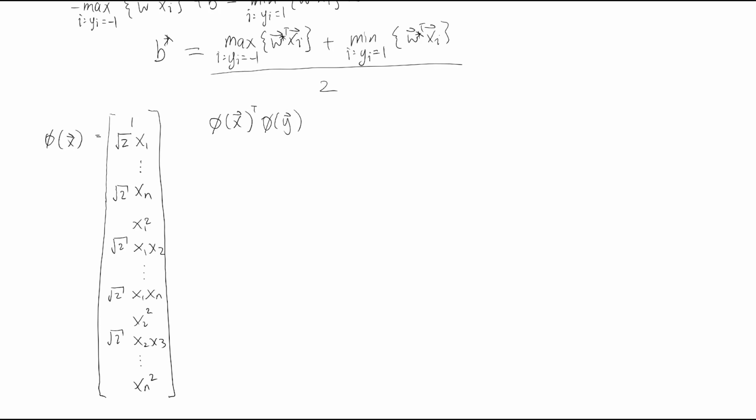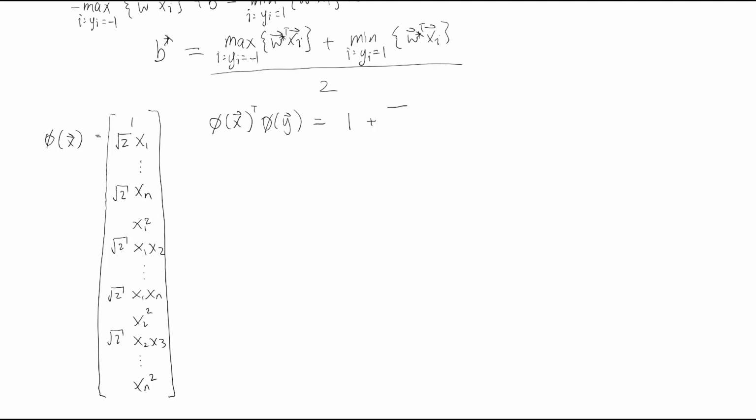So when we do this inner product, we're basically going to multiply each of the components in phi of x and phi of y together. So the first term is going to be 1 times 1, and then plus root 2 x1 root 2 y1, and then plus root 2 x2 root 2 y2.